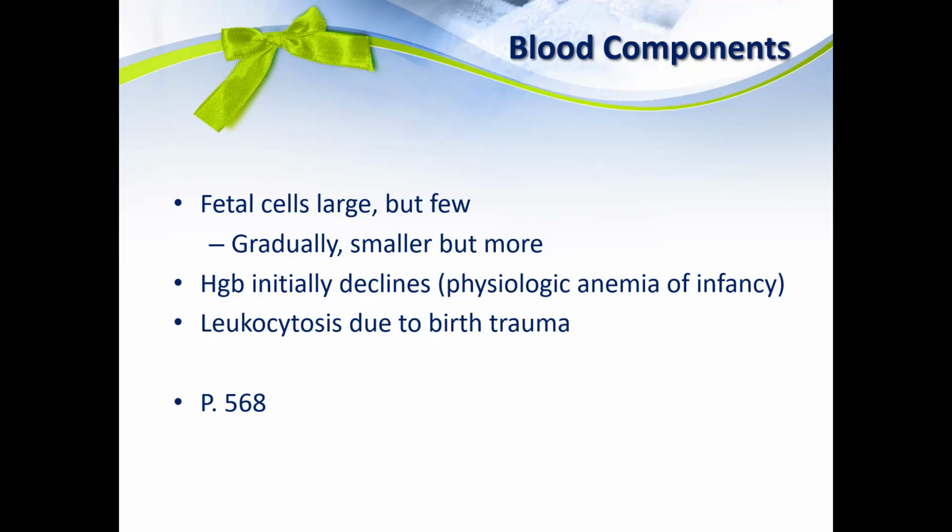After birth, their size will decrease and they'll become more abundant. And that's because they now live in a body with a much higher oxygen concentration. The red blood cells have a lifespan of 80 to 100 days compared to 120 in an adult.